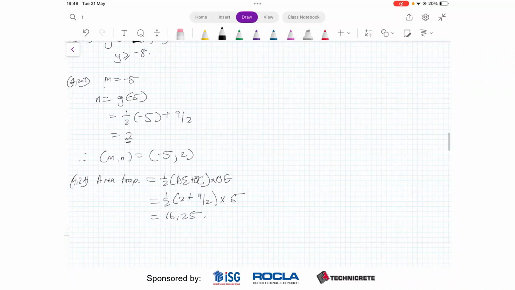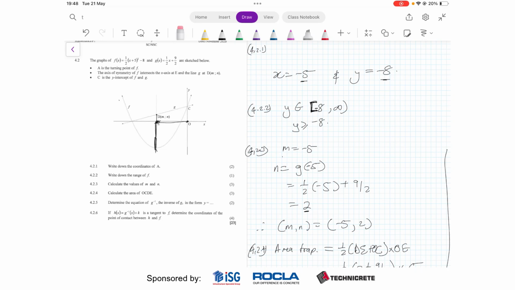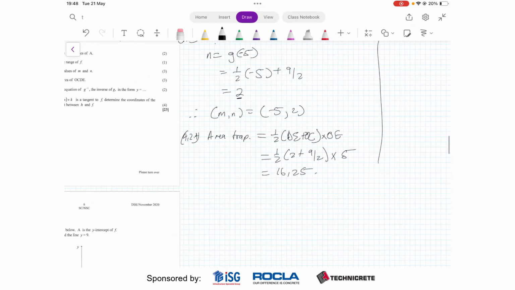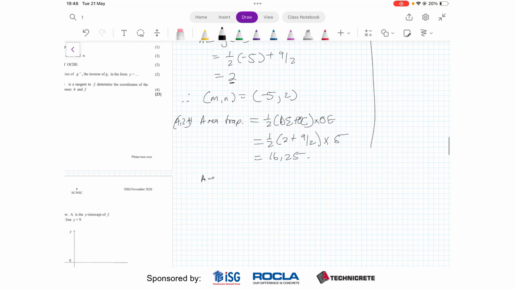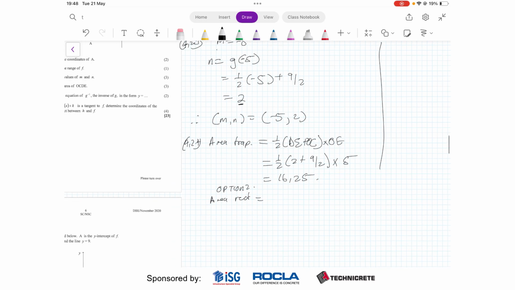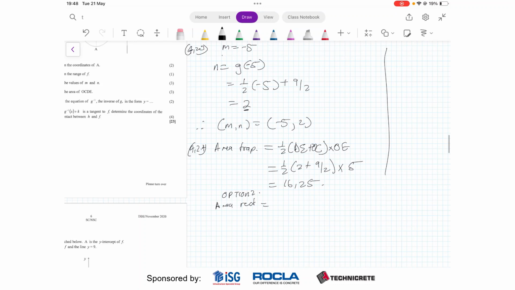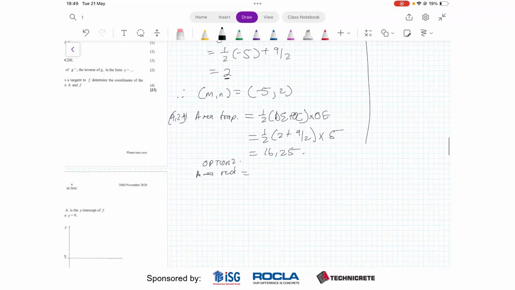Another method you could use, I'm going to show you the method where you take the area of this triangle right here and add it to the area of this rectangle right there. Let's start with the area of the rectangle. Let's call this option 2. The area of the rectangle is equal to the base multiplied by the height, right?